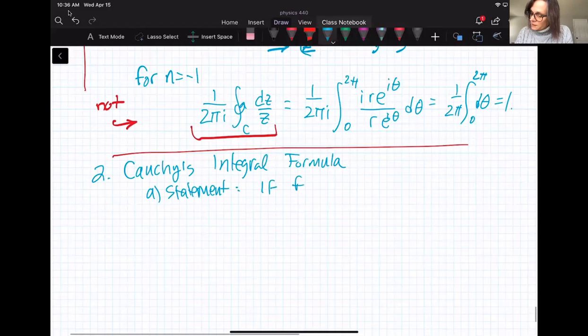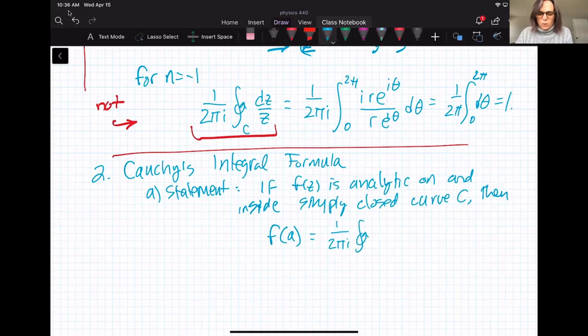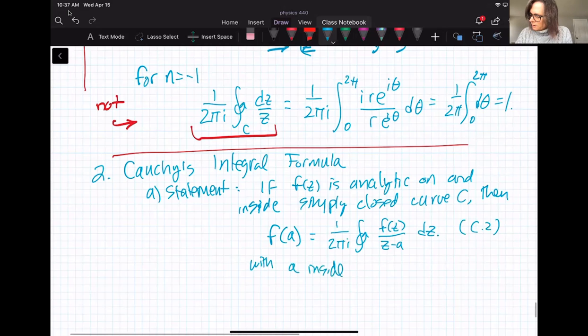So if f of z is analytic on and inside a simply closed curve, then the value of the function at a is equal to 1 over 2 pi i times the integral of f of z over z minus a dz, with a inside the contour.